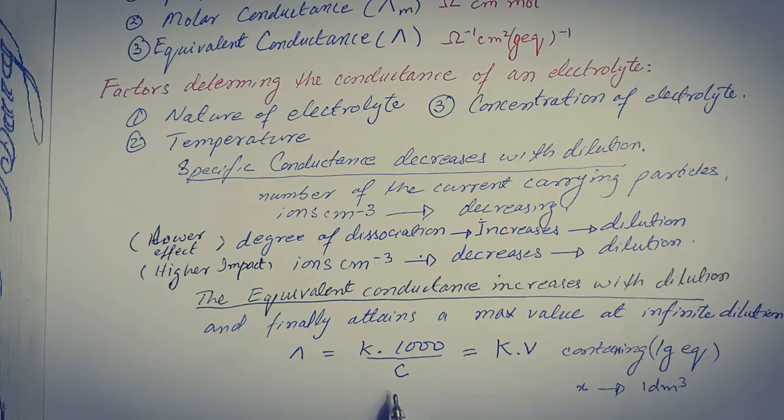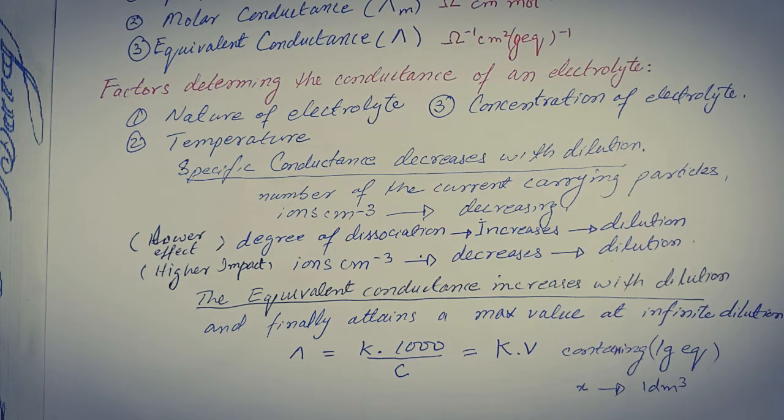Conversely, it is clear from the formula of equivalent conductance that the equivalent conductance of the electrolyte solution is greater with a smaller value of the denominator, so the dilute concentration will have a higher value of equivalent conductance.